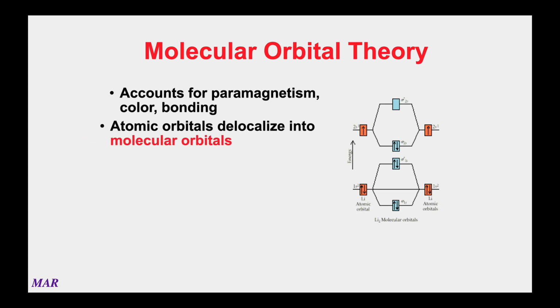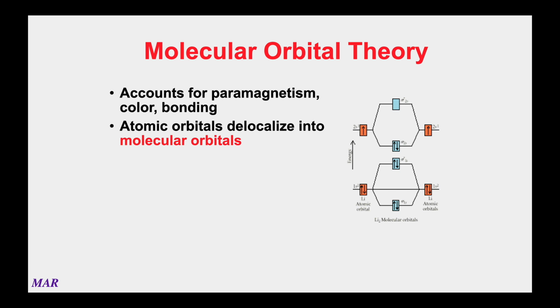Lots of interesting things. In MO theory, the atomic orbitals, the 1s2, 2s2, etc., are delocalized into molecular orbitals. What that means is the atomic orbitals are essentially mixed together and molecular orbitals pop out.